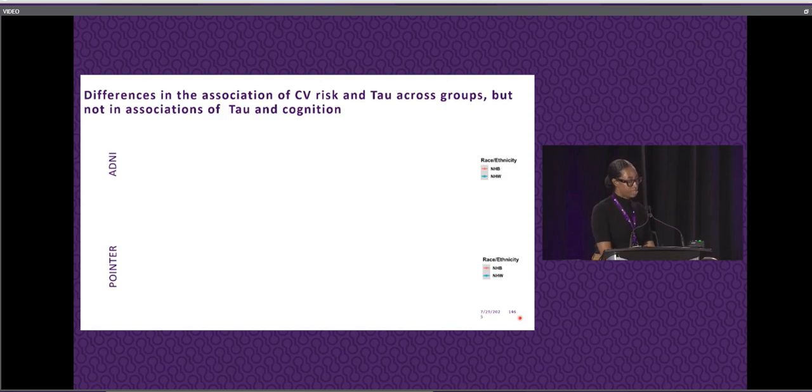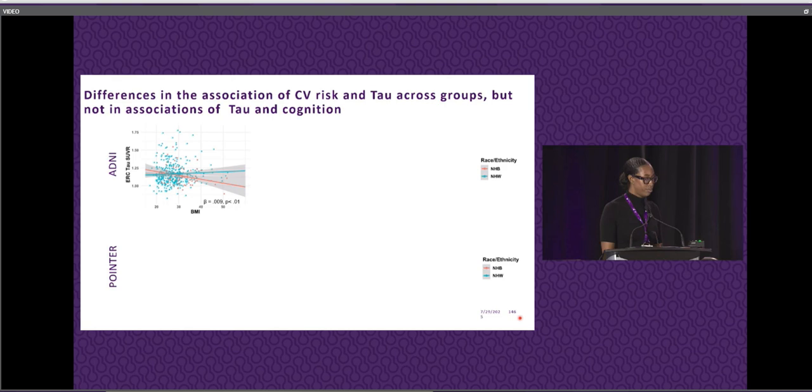When we look at interaction models of these different associations, we do see some differences in the strength of the association between CV risk and tau across groups and cohorts, but no differences in the associations of biomarkers and cognition. Again, in ADNI, we see this significant negative association between BMI and entorhinal tau is different, or stronger, in the Black participants relative to the white.